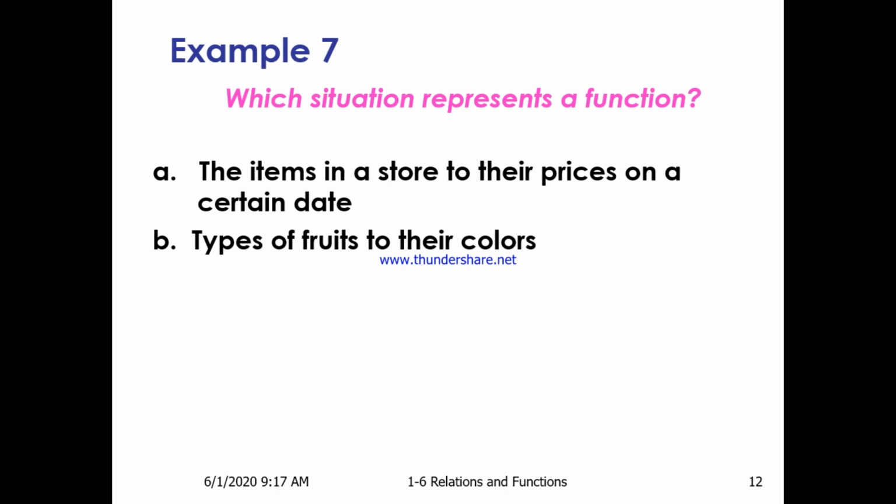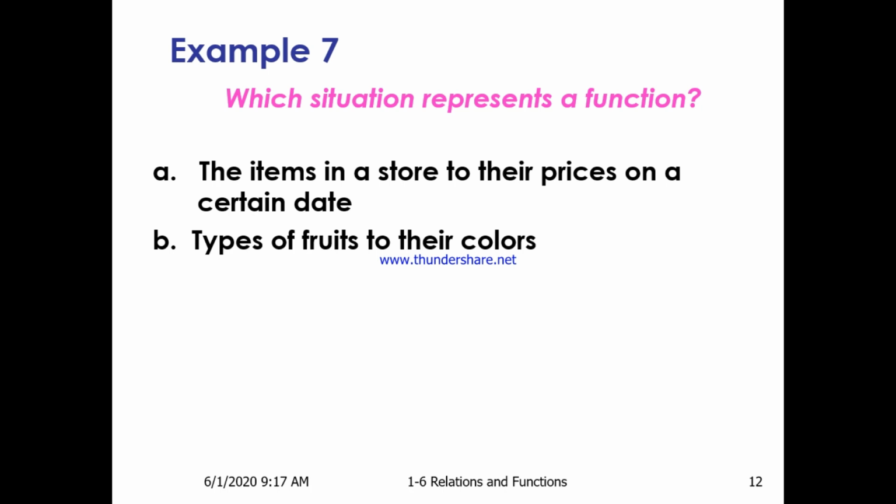While in letter B, types of fruits to their colors, let's go back to the apple. Naay apple, usa ka klase nga apple, pero lain-lain of colors. Naay apple nga kuha, naay apple nga green. Say for example, sa grapes. Naay grapes nga kuha, naay grapes nga green.